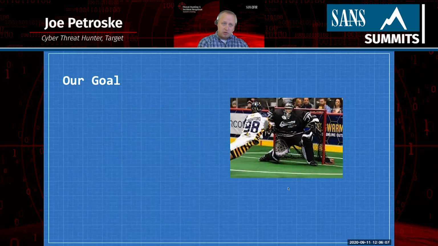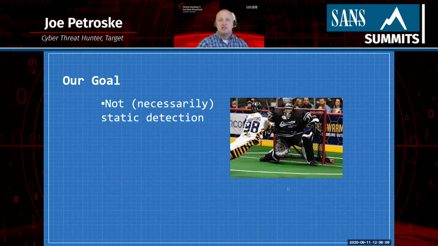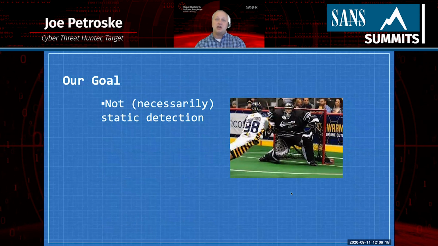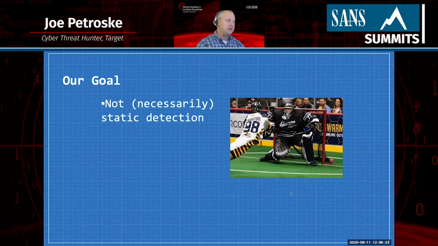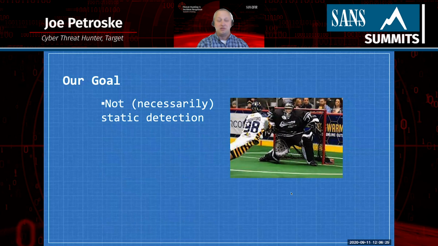So what is our goal in looking for this? I'm going to say that we're not necessarily trying to build static detection for obfuscation. The reason is that there are pretty much as many ways to obfuscate something in PowerShell as you can imagine. You're really only limited by your imagination and the depths of your depravity.